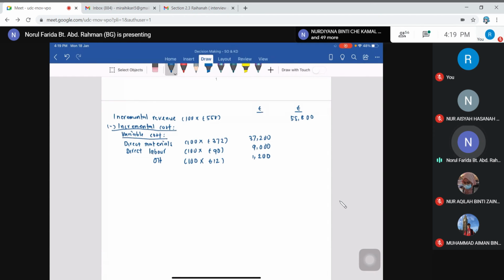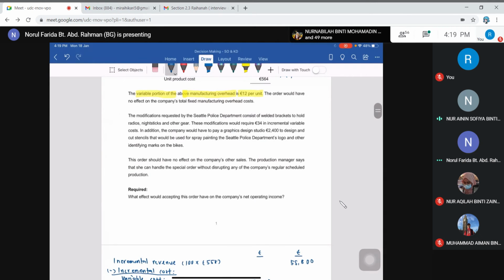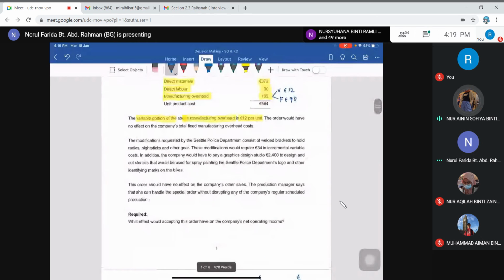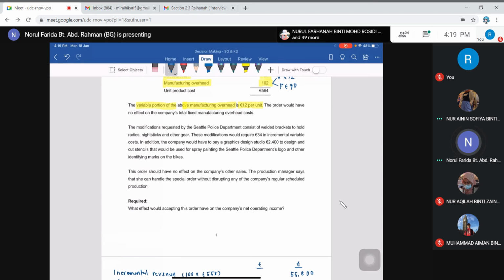Do you have any other variable cost? Is there any other variable cost in the question? The 34, Miss, the incremental variable cost for modification. So here you have 34. They want to modify the bicycle, with a welded bracket to hold radio, nightstick and other gear.